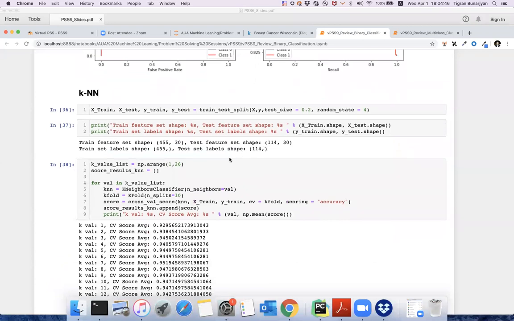And as you remember, KNN takes the value of k as the number of neighbors that our model should use to assign a label to a new data observation.